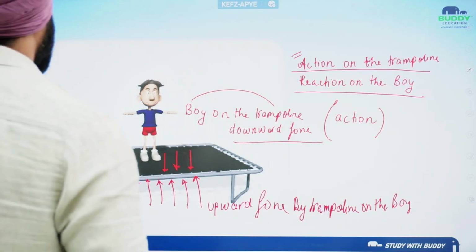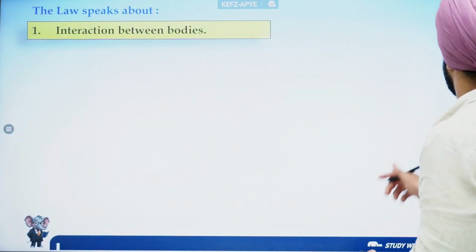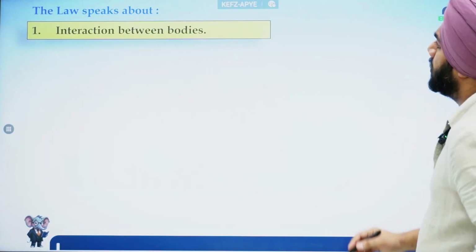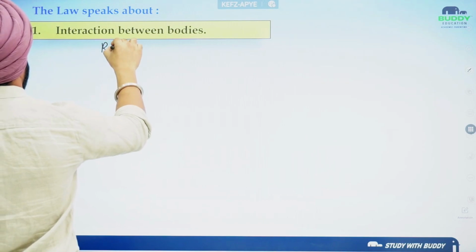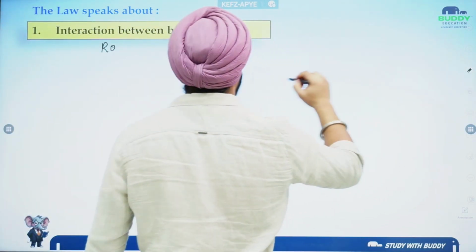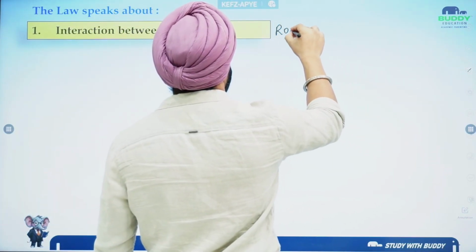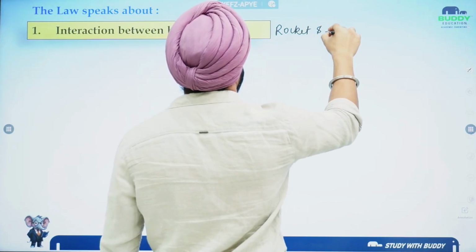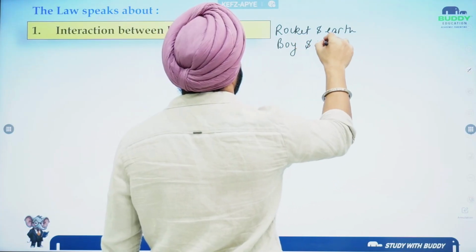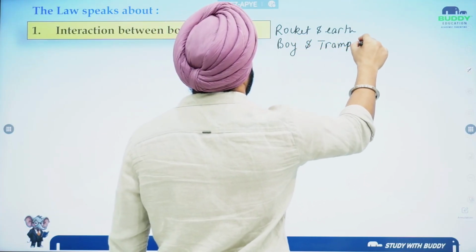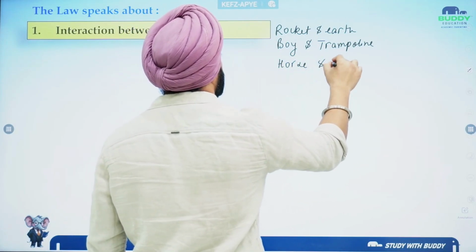Right, coming to the next part. This law speaks about the interaction between two bodies, right? Like we discussed for the rocket and earth, boy and trampoline, horse and ground.